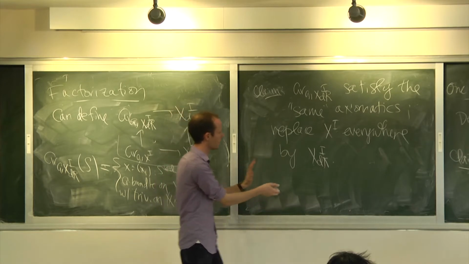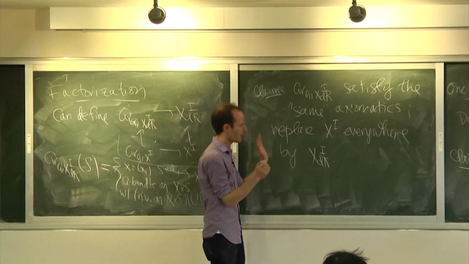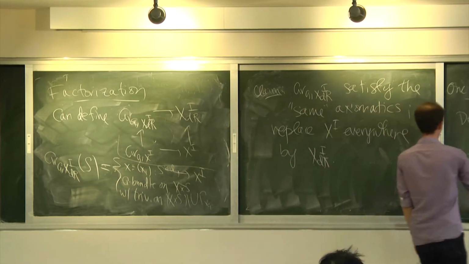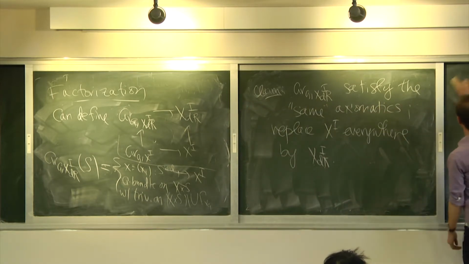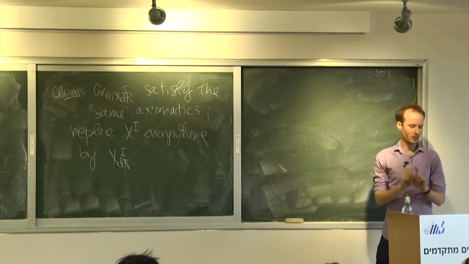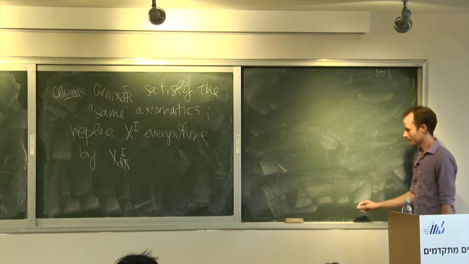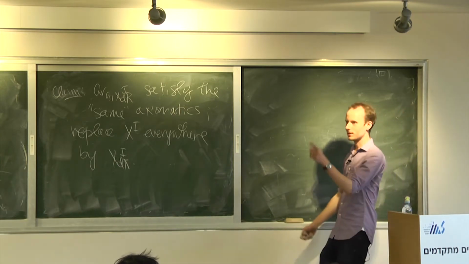It's just that now you're over x to the I derived. And you take that open set derived, everything in sight derived. They commute. Dennis, time.